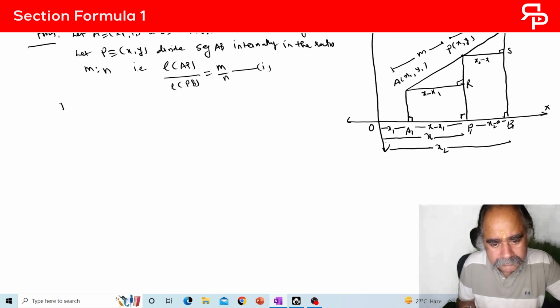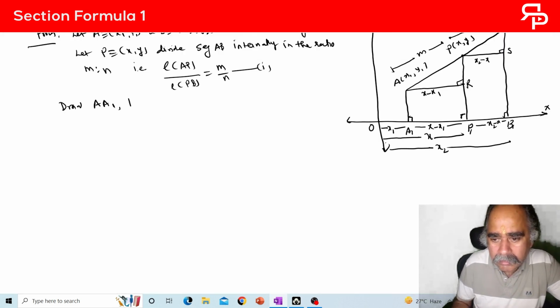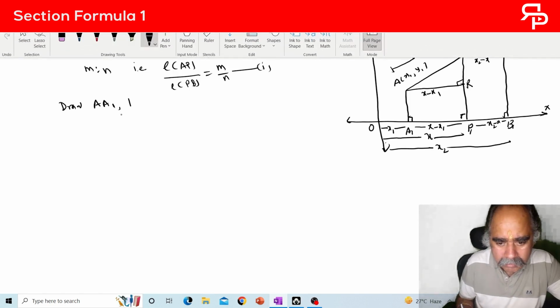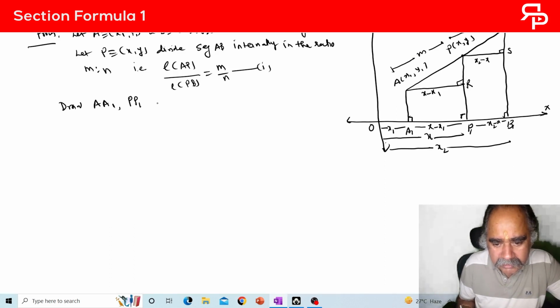Draw AA1, PP1 and BB1 perpendiculars on x-axis.